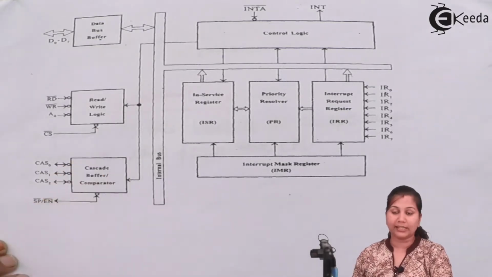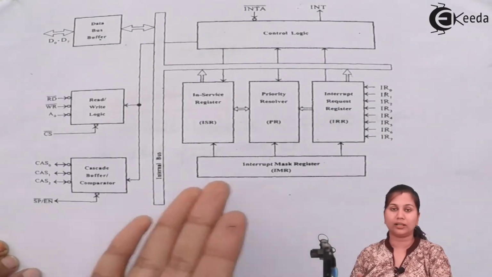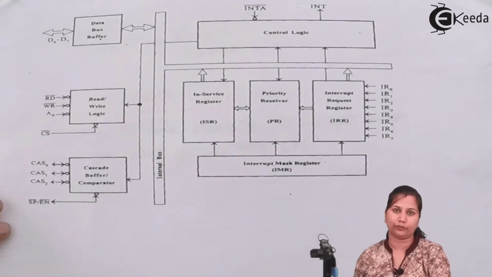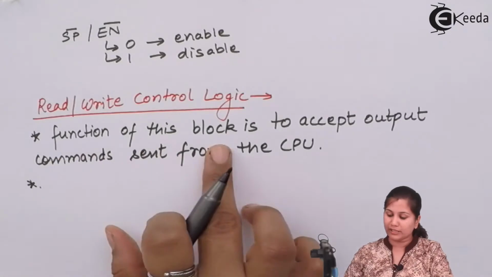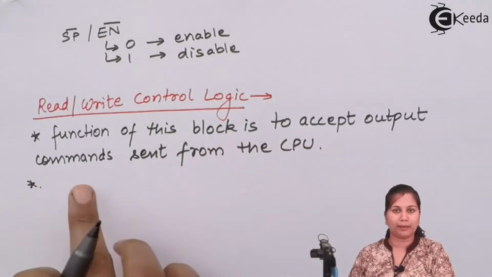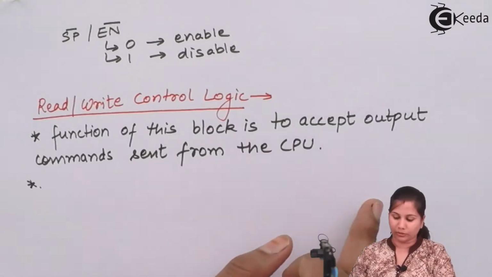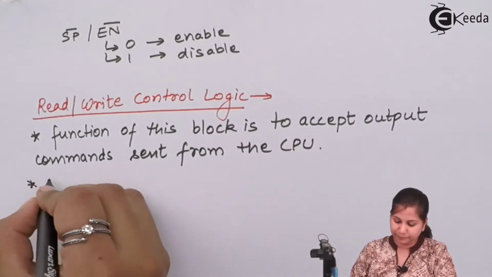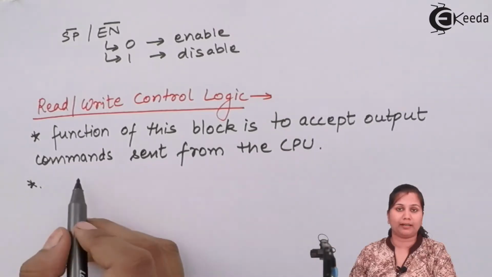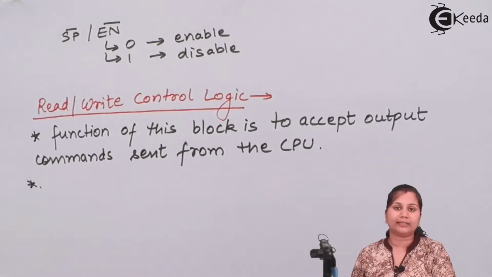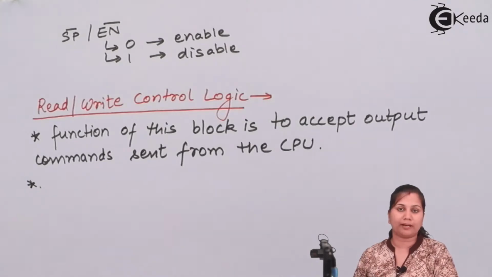So this read and write logic block provides the signals to enable the read and write communication between the microprocessor and the 8259. The function of this block is to accept the output commands, meaning the control commands sent from the CPU. These output commands contain the initialization command words and the operation command words.